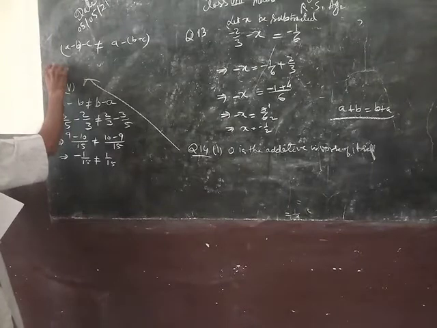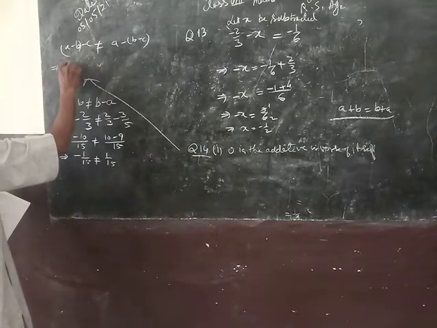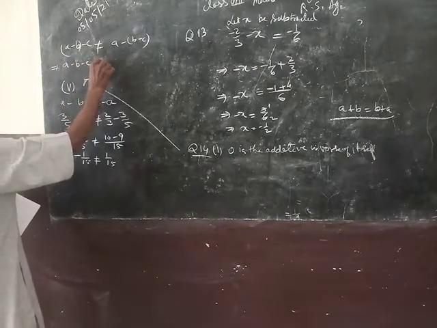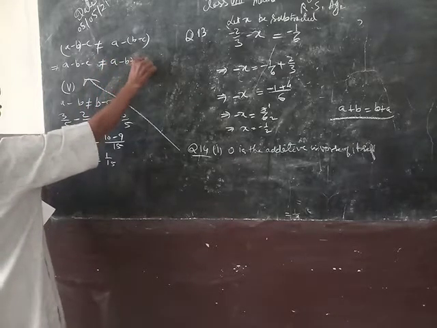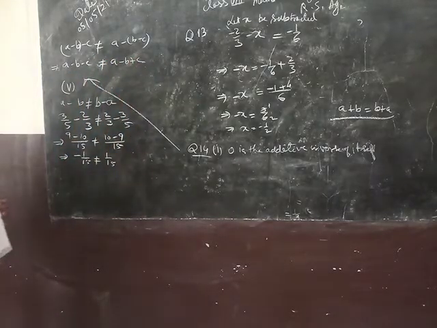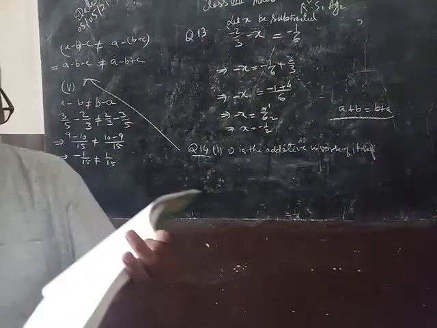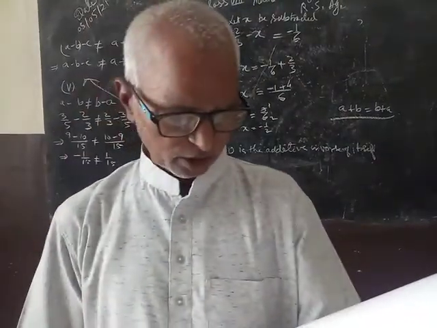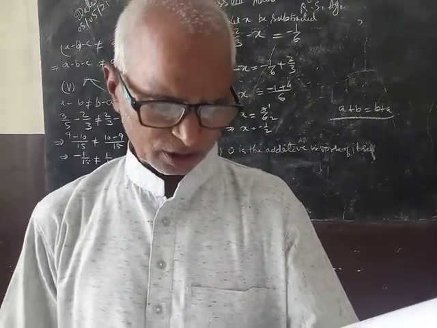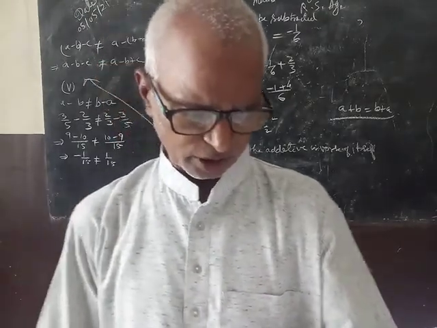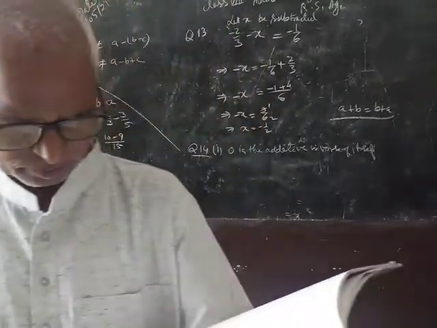If you open both sides, it becomes a minus b minus c, and this side will be a minus b plus c. Obviously they are different. So part 6 answer is no. Subtraction is not associative on rational numbers.